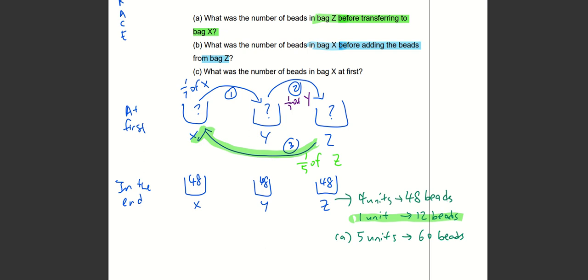Can you understand? So at the end, x was still the same. Here, 48. So just now, say z gave how many? So this part, 1/5 was 12, right? 12 bits.